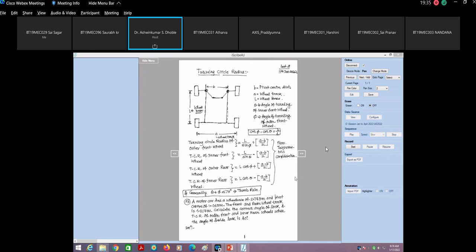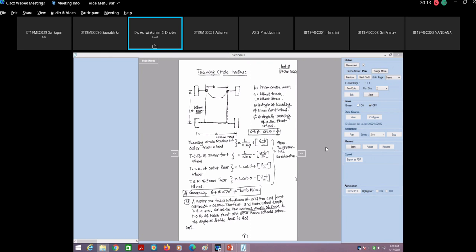Read the problem. What he is saying: a motor car has a wheelbase of 2.743 meters, and pivot center is given as 1.065 meters. The front and rear wheel track is 1.217 meters. Calculate the correct angle of lock. What do you mean by angle of lock? He is not asking you of which wheel, whether the inner front wheel or the outer front wheel.